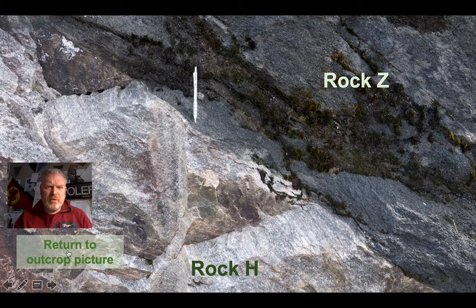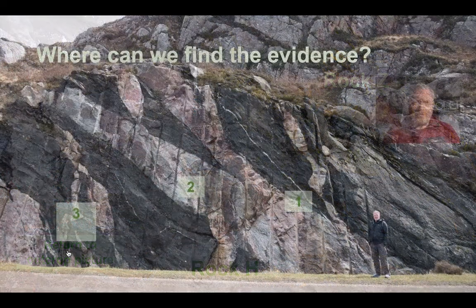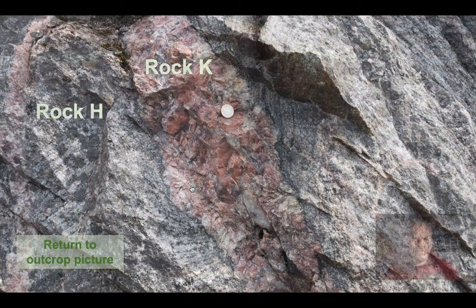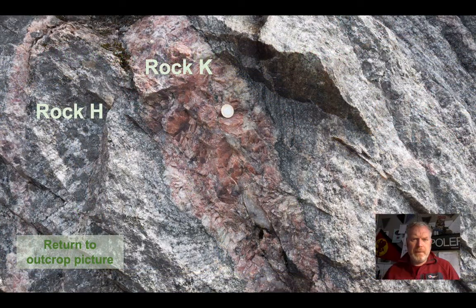Let's go back to the outcrop picture. So this was the area around location 1. Let's have a look at this boundary here with location 2. Here we can see we've got rock H here, and it's distinctively very large crystals.